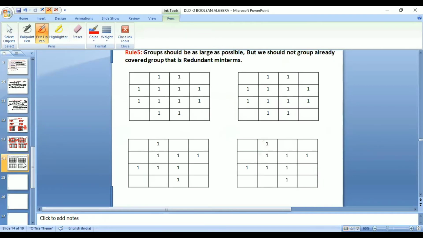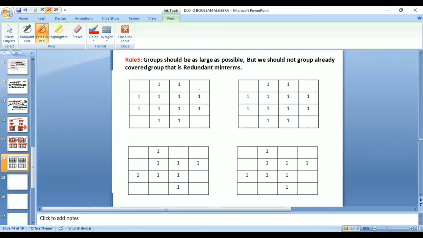Rule 4. Next, rule 5. This is a very important rule. Groups should be as large as possible. Whenever we are grouping the minterms, the groups must be as large as possible. But we should not group already covered groups.